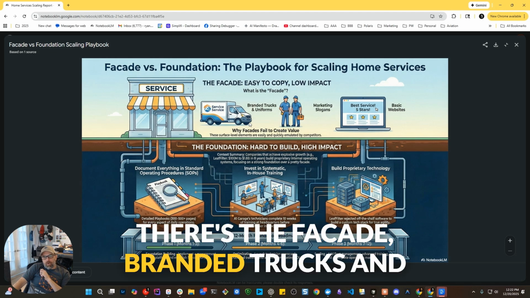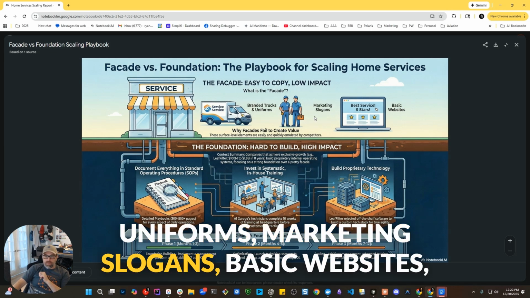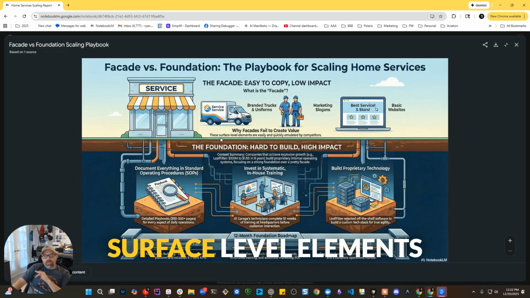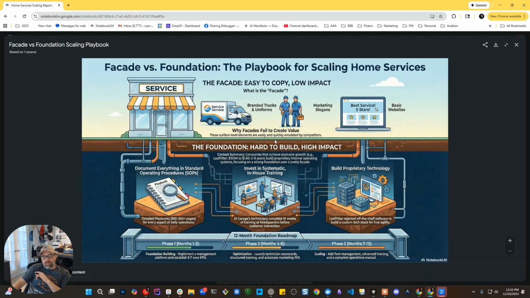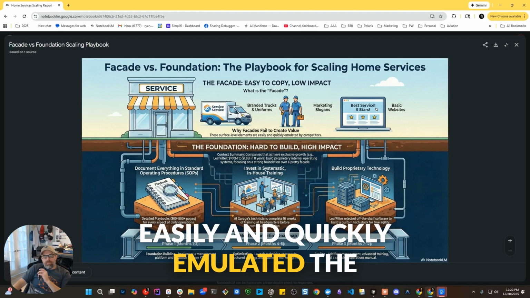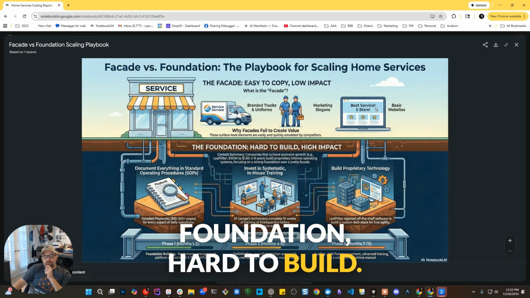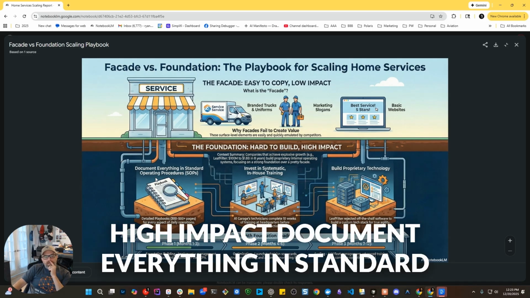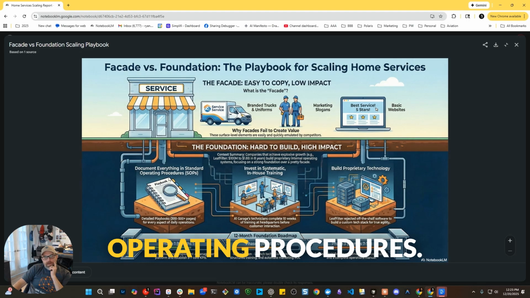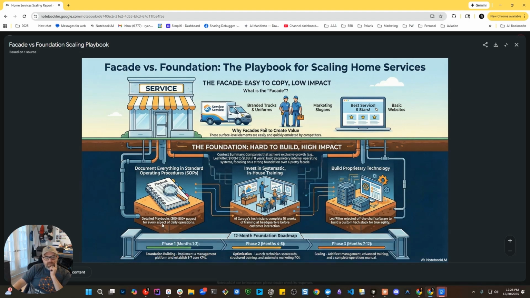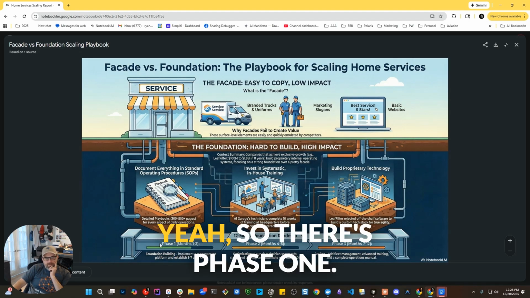There's the facade: branded trucks and uniforms, marketing slogans, basic websites, surface level elements, easily and quickly emulated. The foundation, hard to build, high impact. Document everything in standard operating procedures. Yeah, so there's phase one.